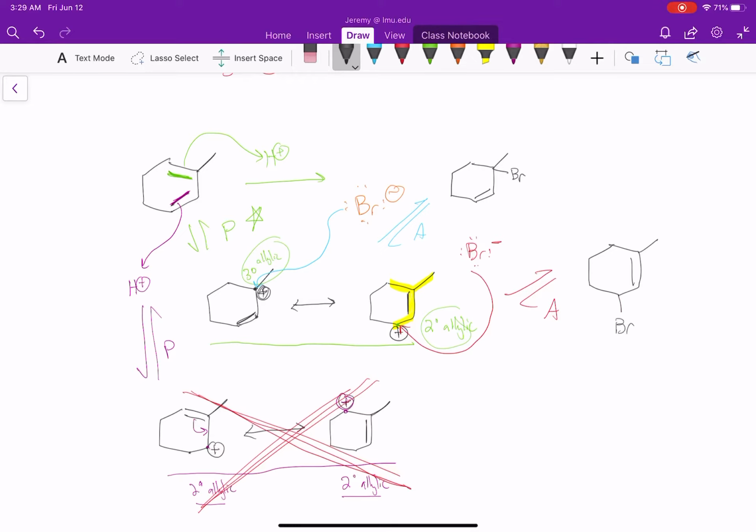Okay, so at high temperature, you form the product with the alkene that's more substituted. This is tri, this is a di-substituted alkene. At low temp, you attack the more stable carbocation, right?